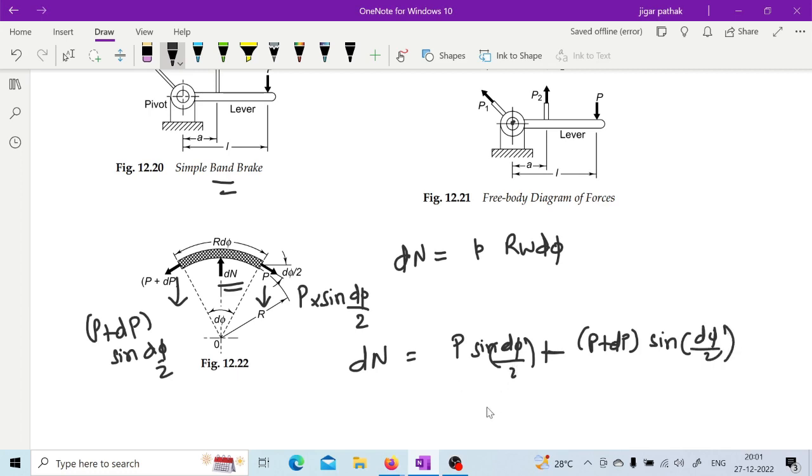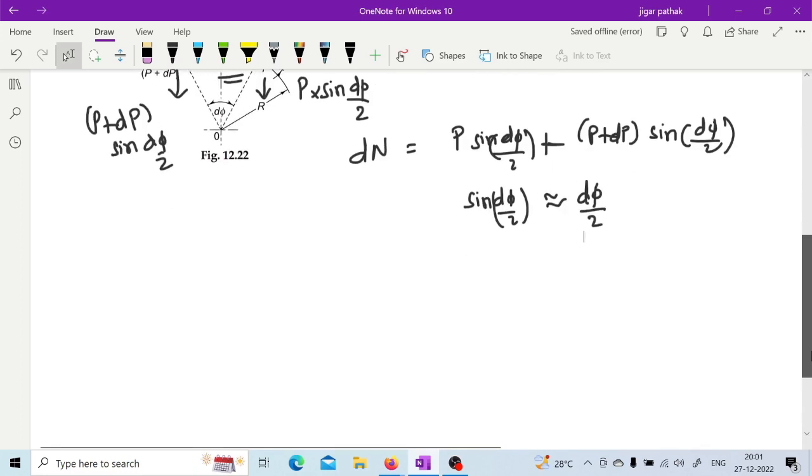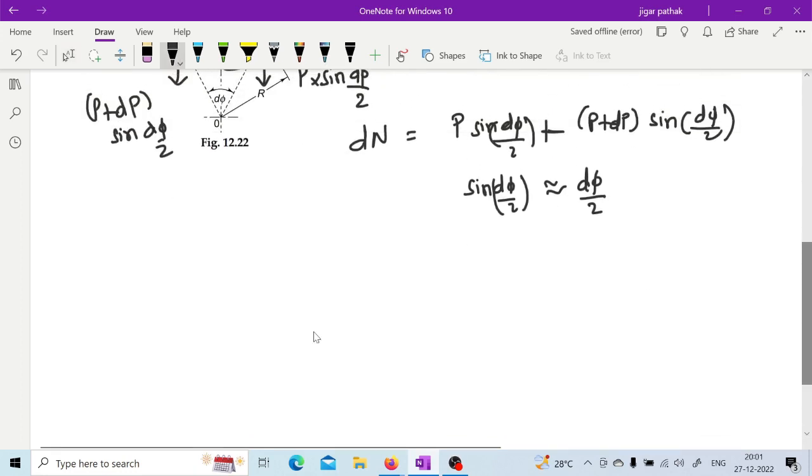As we know, this d phi is very small. This sine d phi by 2 itself can be represented with this d phi by 2 only. And if you put this d phi by 2 into the above equation, then this dN can be presented as P d phi by 2 plus P d phi by 2.